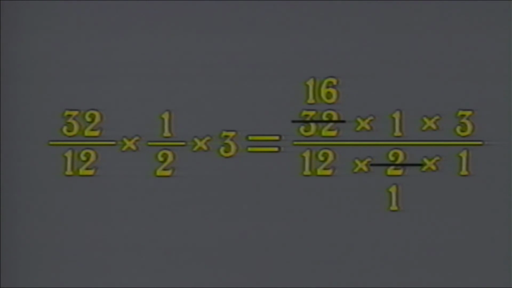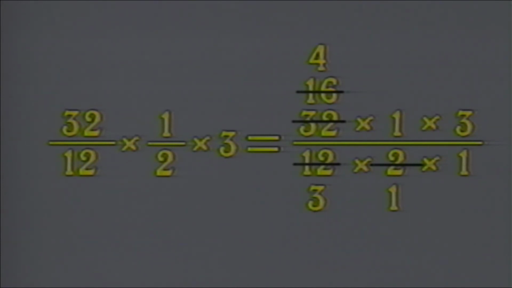Now, I'll go with 2 again. No, take 4. Divide by 4. I've got 4 times 1 times 3 over 3 times 1 times 1. Anything else? Yep, there's a 3.